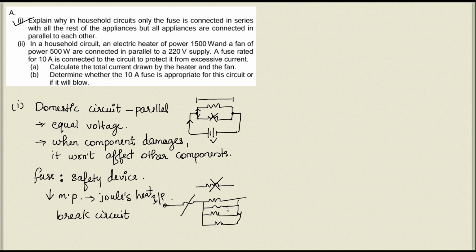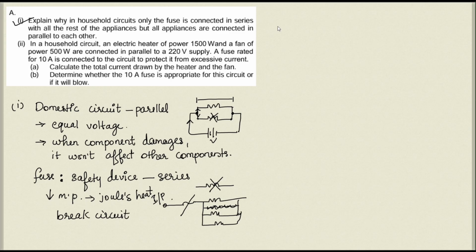Yes, it won't affect the other devices. This particular line in which the fuse wire is connected will only discontinue the current flow. Current will flow through the other paths, meaning it will pass through the other appliances, which will cause damage to the appliances. So that's why we are always connecting the safety fuse in series with the domestic circuits.